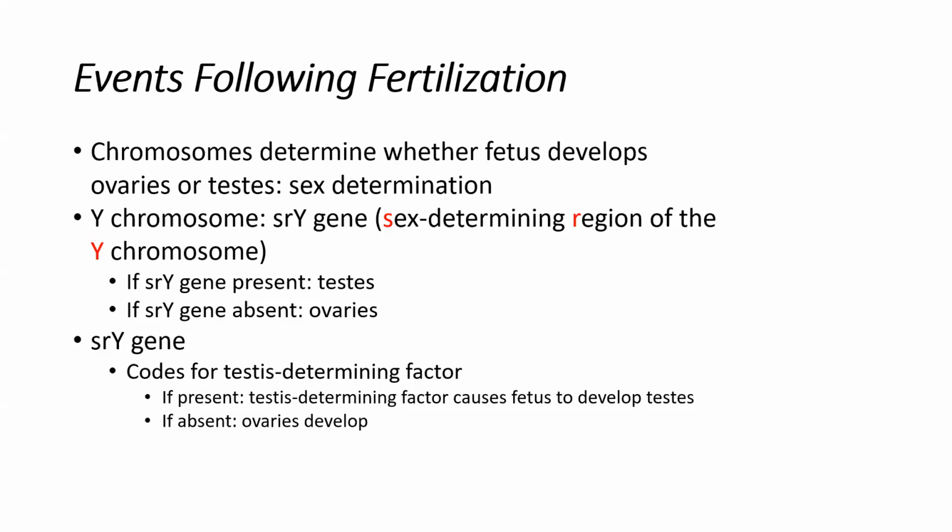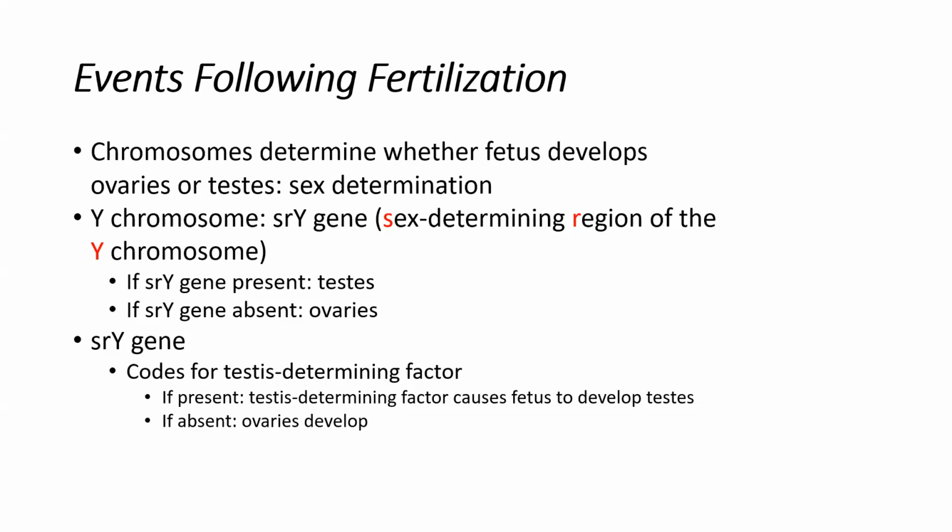So if the SRY gene is present, we get the development of testes, which go on to produce male characteristics, male organs. If the SRY gene is absent, then the default development is to ovaries and to female reproductive structures.